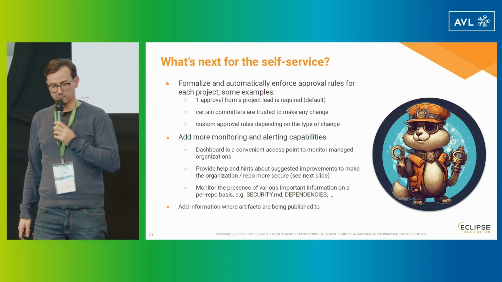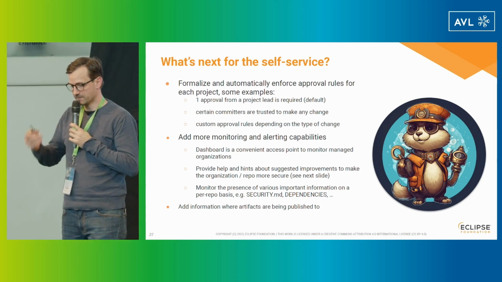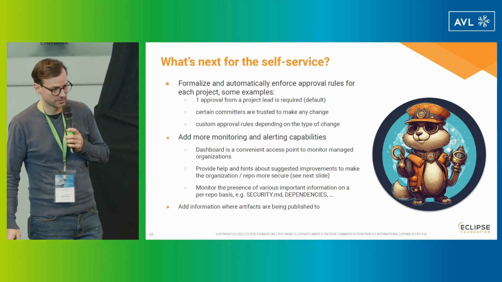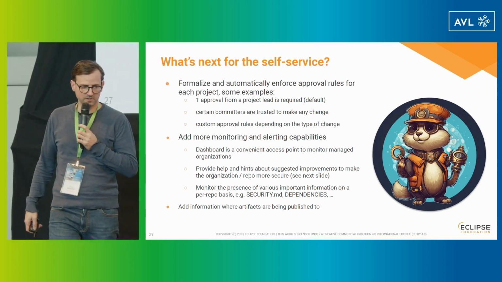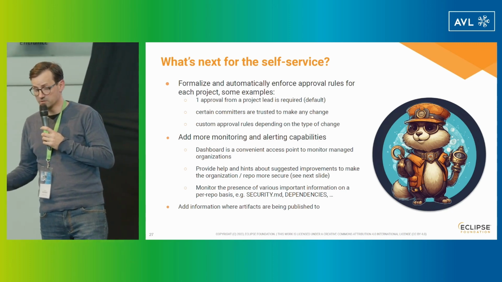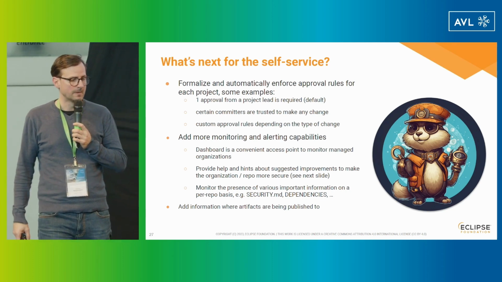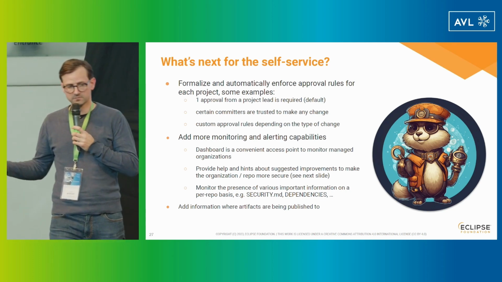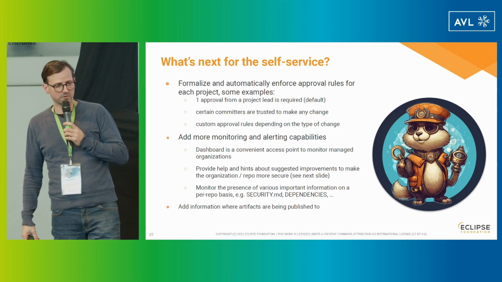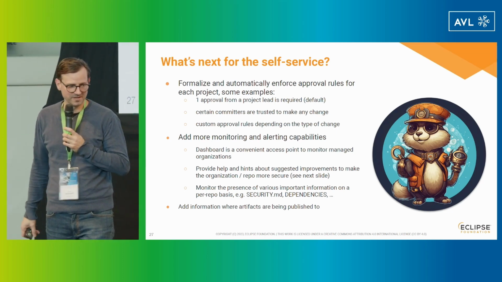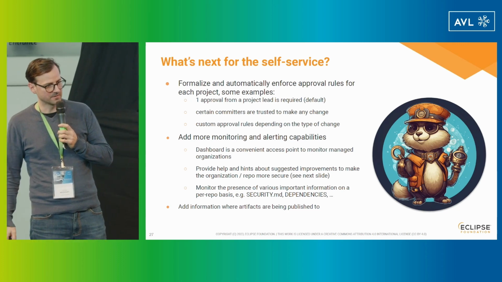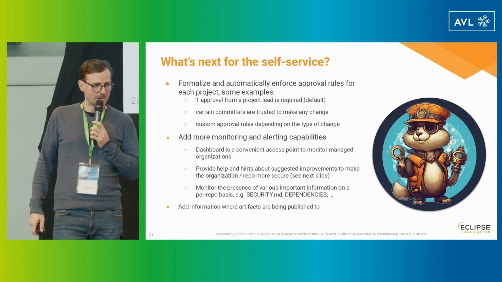Another thing that we would like to do is to monitor the presence of certain files that are important. Some things that come to mind are SECURITY.md. Every project should have this. Dependencies, of course, that's coming from the EDP, that every project should declare its dependencies in a clear way.